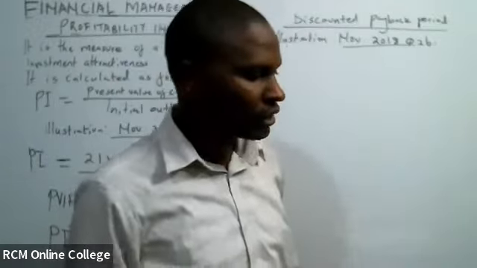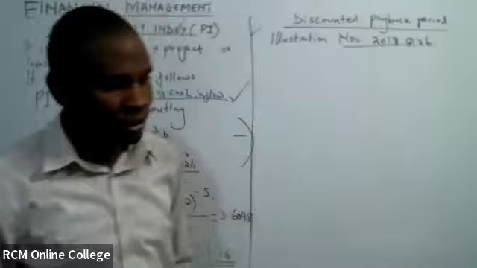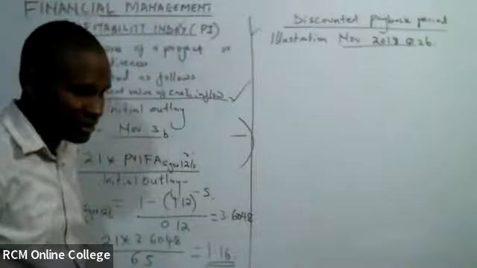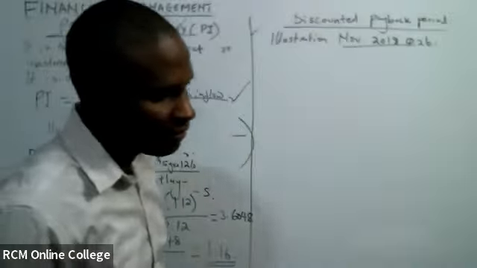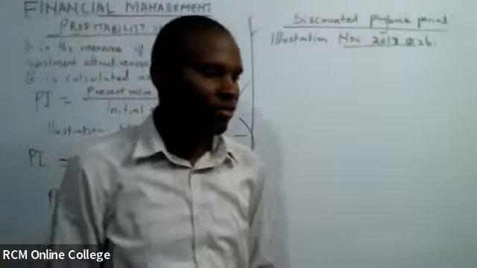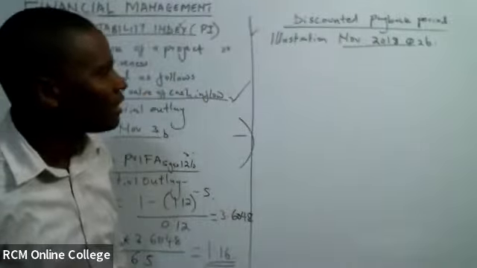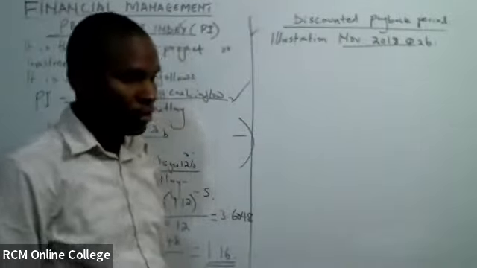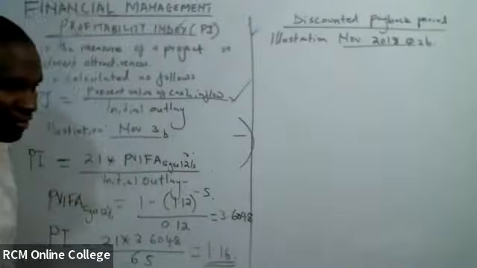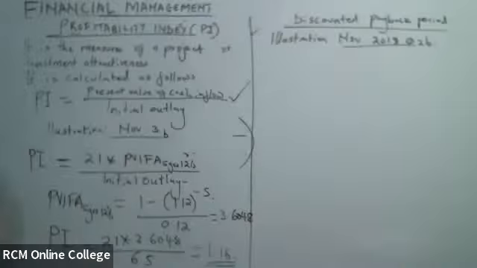Ruth, I say, discounted payback period gives the number of years it takes to recover the initial investment by discounting the future cash flow, and recognizing the time value of what? Time value of money. I hope you are done.